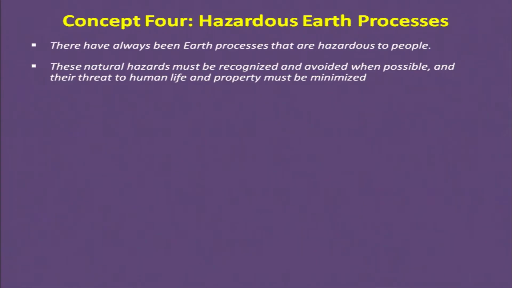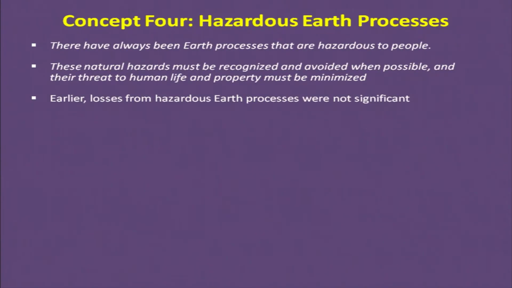These natural hazards must be recognized and avoided when possible, and their threat to human life and property must be minimized. So, this should be our first aim, that we understand the hazards related to earth processes, and we should minimize their effects on humans and property.